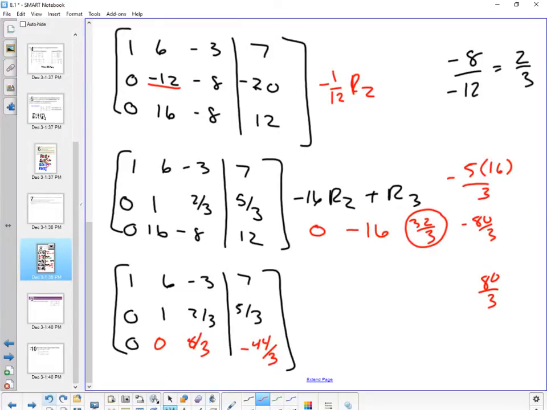Hold on, I'm checking. Yeah, it's negative 44 thirds. Looks right, because if you round that to 40, right? Okay.